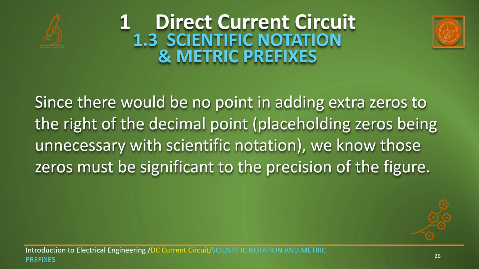Since there would be no point in adding extra zeros to the right of the decimal point, placeholding zeros being unnecessary with scientific notation, we know those zeros must be significant to the precision of the figure.